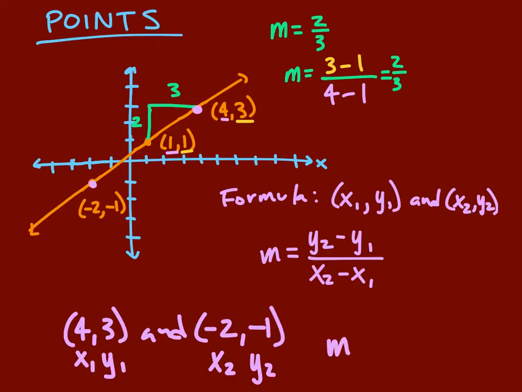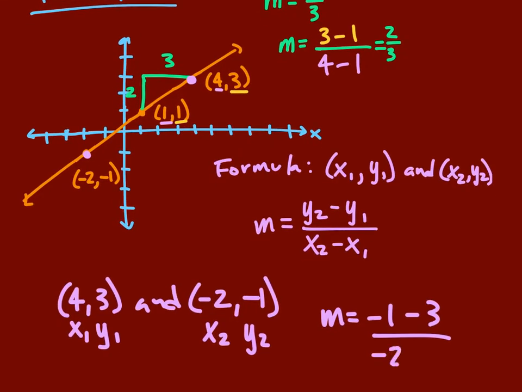And when I plug that into my slope formula, I just follow what it says here. So y2 has the value of -1. So -1 minus the value of y sub 1, which is 3, over x sub 2, which is -2, minus x sub 1, which is 4.